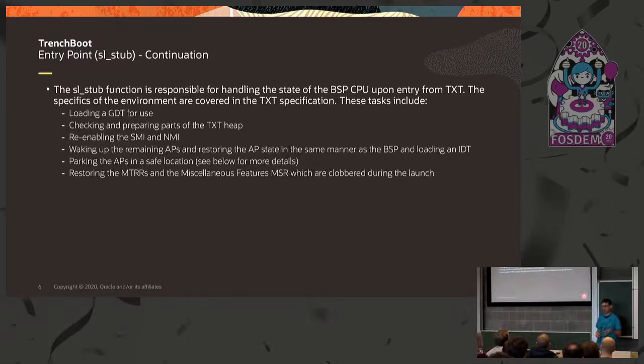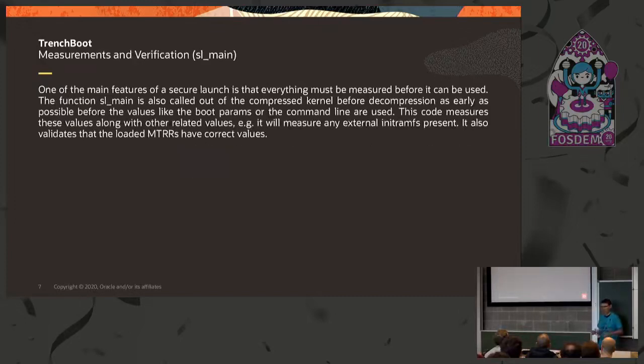It loads the GDT, checks and prepares the TXT heap, enables some interrupts, wakes APs and parks them in a special place. I will discuss this a bit later. This code also restores MTRRs and MSRs, which were clobbered during the Intel TXT startup phase.